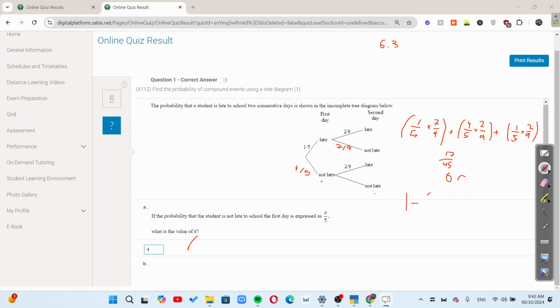So you do 4 over 5, which is the probability of not late, times not late, which is 7 over 9. That's a 7, not a 2. And you're also going to get 17 over 45. So you could do both ways.